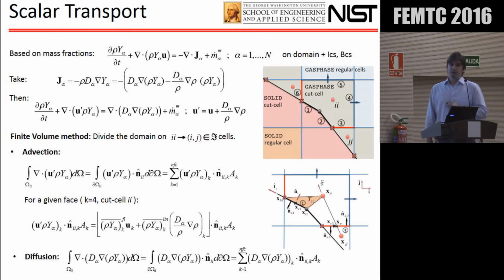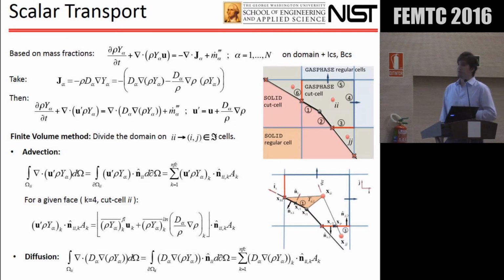So on these equations, in the same way that is done in FDS, we are going to use what's called a finite volume method. So we grab each of our cut cells, each of these polyhedra, and we compute in an integral sense, or in an average sense.